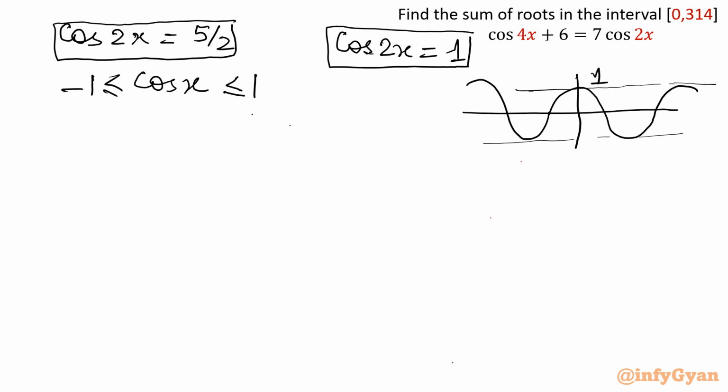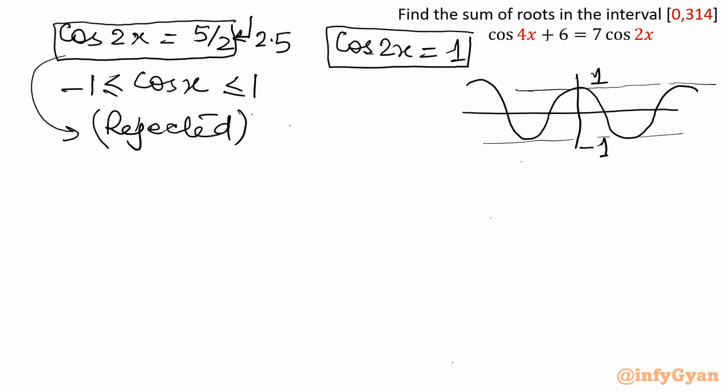See, this is 1, this is minus 1. Domain is minus infinity to infinity, range is minus 1 to 1. Now you can see this value is 2.5, which is more than 1, so that solution will be rejected. We cannot accept it.